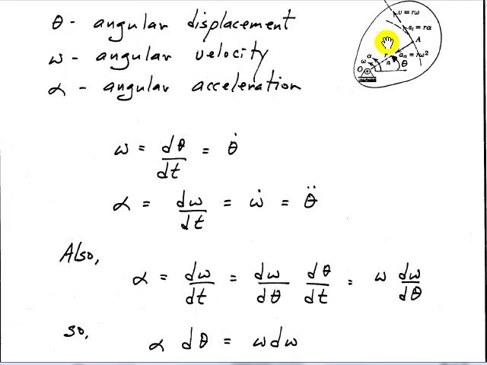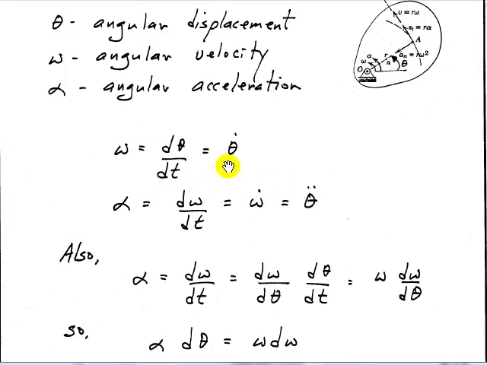Now, different points on the body would be at different locations, theta, but an entire body rotating would undergo a change in theta. If we talk about the rate at which theta is changing, that would be a theta dot quantity, or d theta dt, which we will give the name omega for angular velocity. Angular velocity is a property of the body, not just a single point on the body.